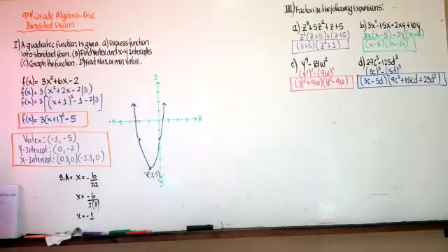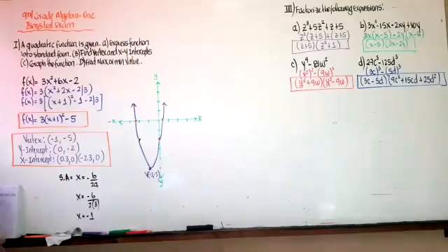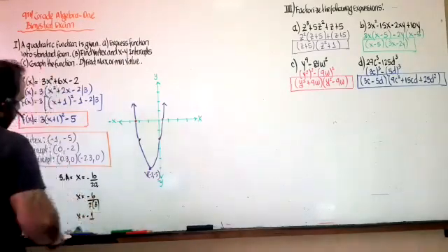That will be part 3, the letter C. And because the problem mentioned the letter D, find the maximum or minimum value. In this case, we are talking about the minimum value because this parabola opens upward, and the minimum value is given by the y coordinate.